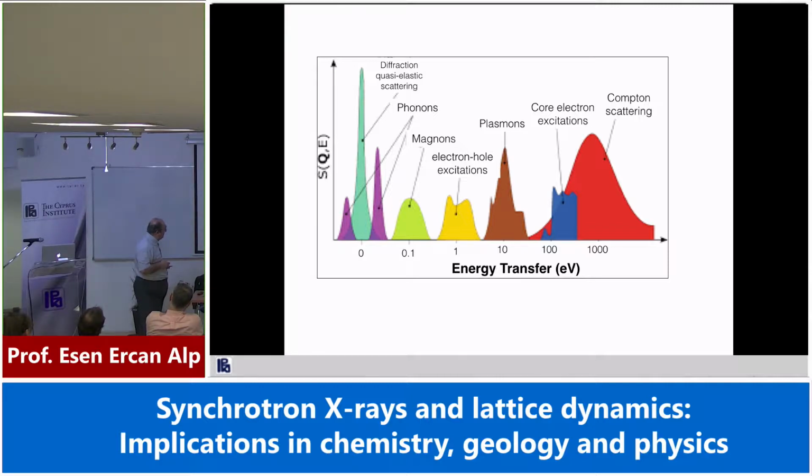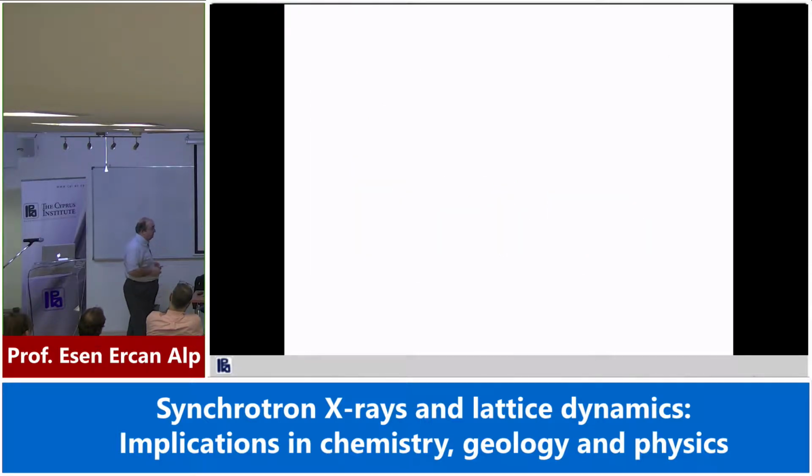So each of these is a separate instrument and a separate career and a separate beamline. So if you have a beamline that does this, you cannot do that. If you have a beamline optimized for this, you cannot do that. So that's why these beamlines are dedicated for a specific purpose. So multi-purpose beamlines usually end up being moderate, not very successful.